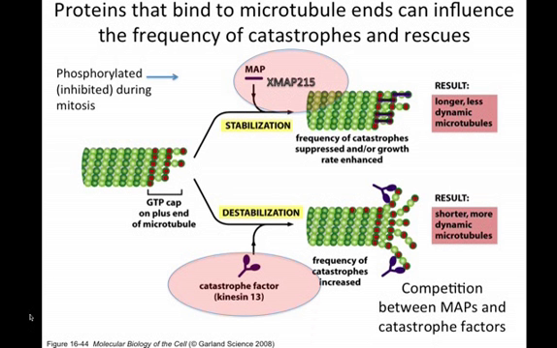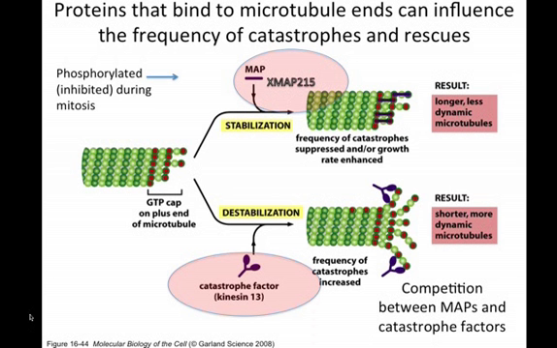And then you have MAP proteins such as catastrophe factor, kinesin 13, which is not a kinesin. It's destabilizing, and it increases the frequency of catastrophes. So you have shorter, more dynamic microtubules. And so there's this competition between the two of them.